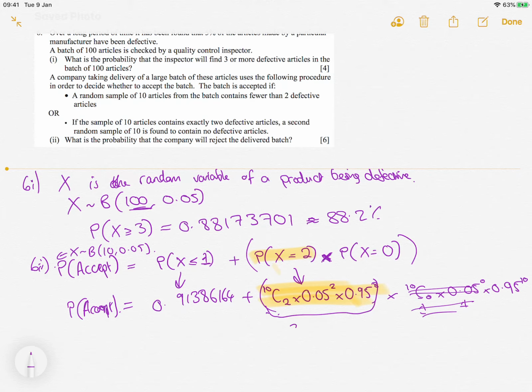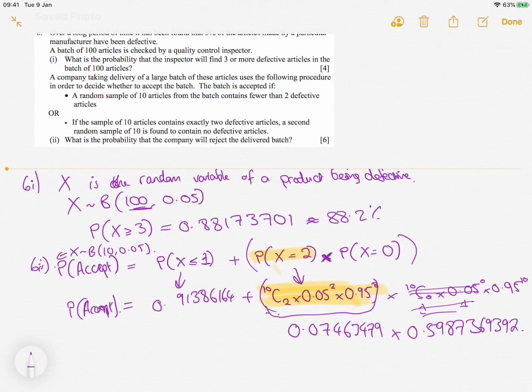Execute on that, that's 0.0746347 times, and then I can just do 0.95 to the power of 10. In my calculator, that's 0.5987369392. So the probability of finding 0 defective units is actually quite high, it's at 60%.